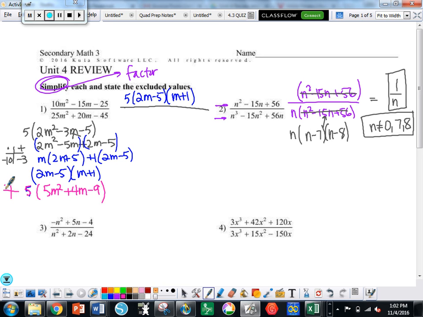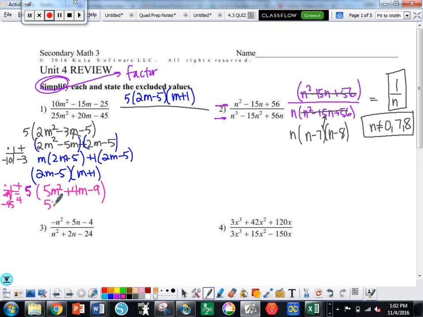I am looking for 2 numbers that multiply to, not negative 9, multiply to a negative 45, add to 4. All right, let's not screw up anywhere. So that would be the 5 and 9, right?